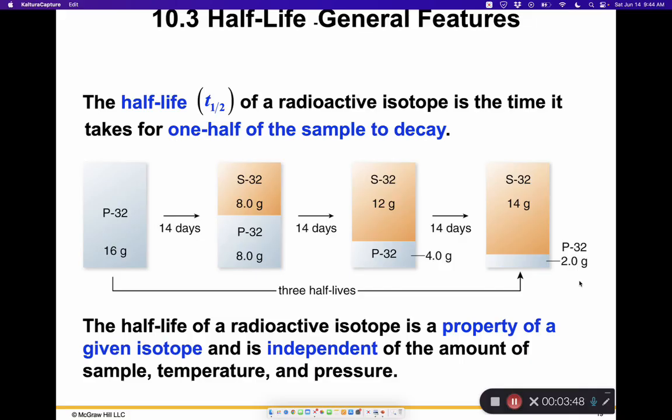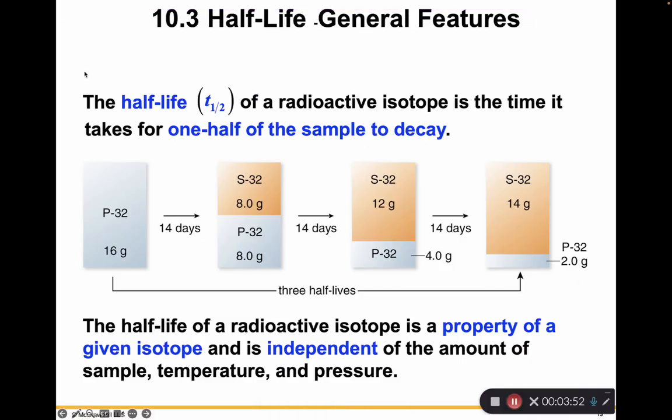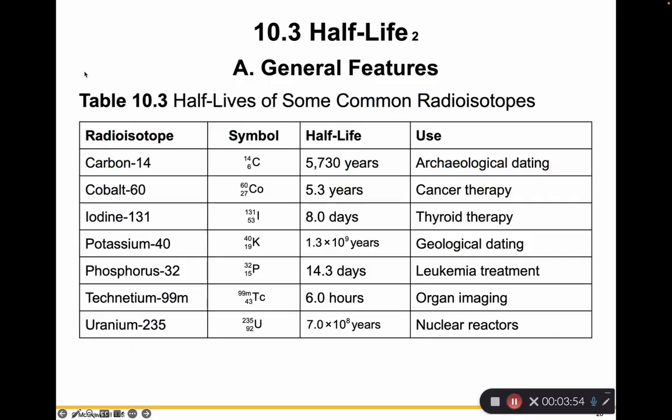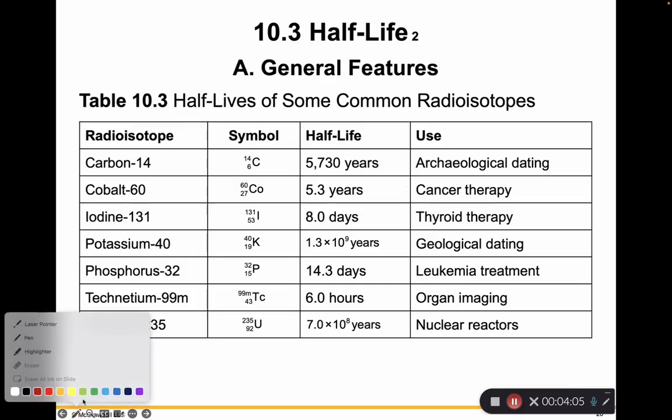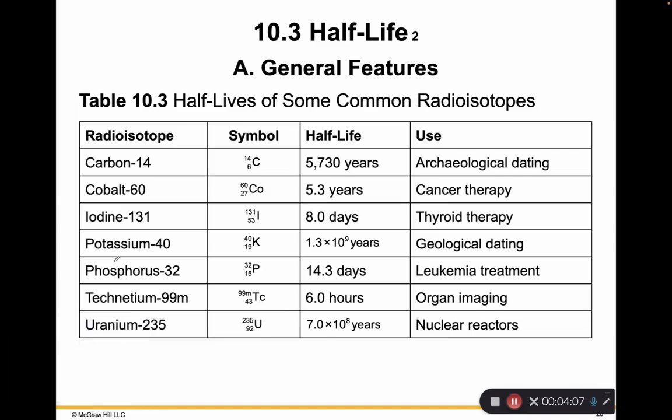We will find this half-life very useful, right? Depending on the half-lives of a radioisotope, we find applications in different areas. For example, carbon-14 has a half-life of 5,730 years.